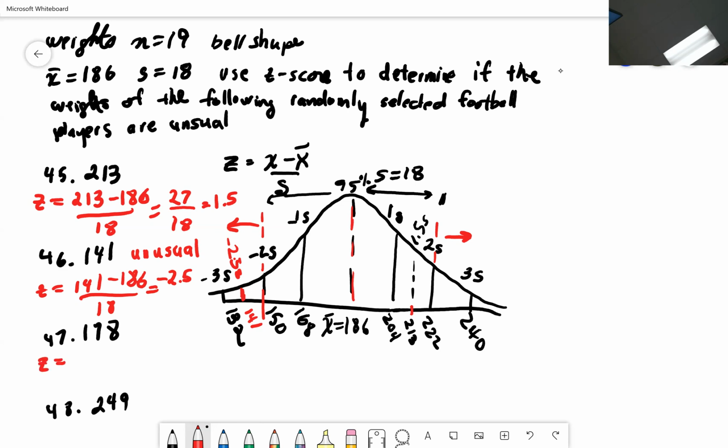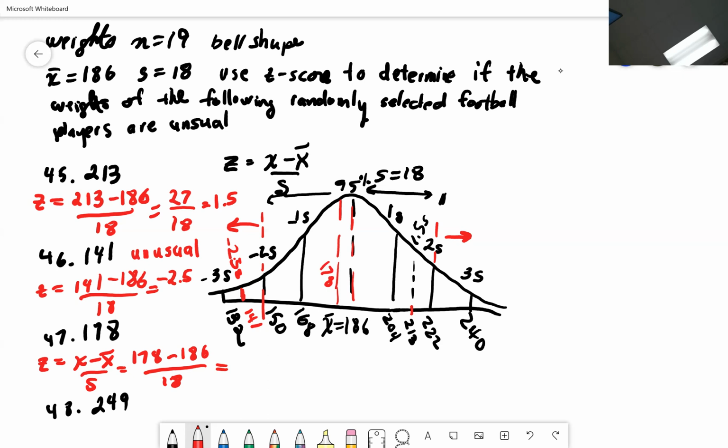Z-score is, remember, x minus x bar divided by s. That's 178 minus 186. That's really close to the center, divided by 18. So that's somewhere over here. That 178 is somewhere there.